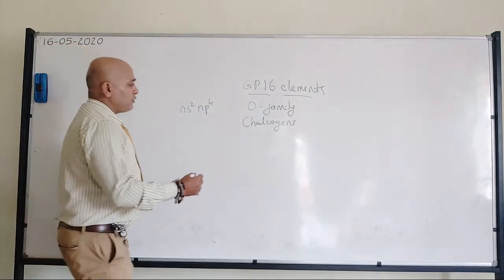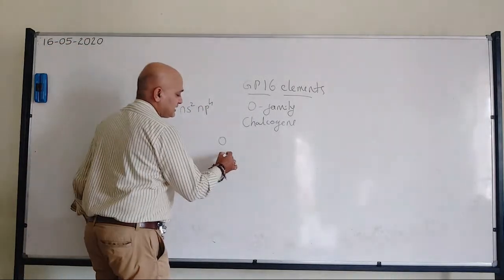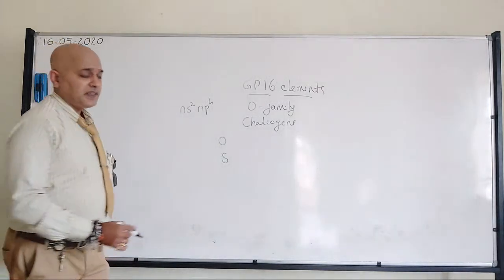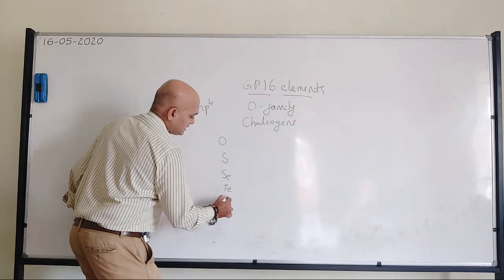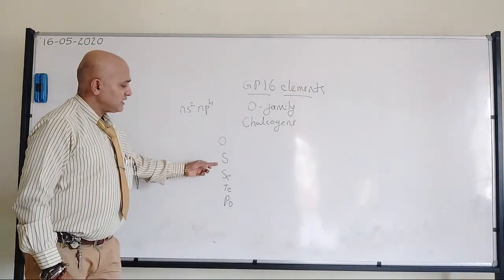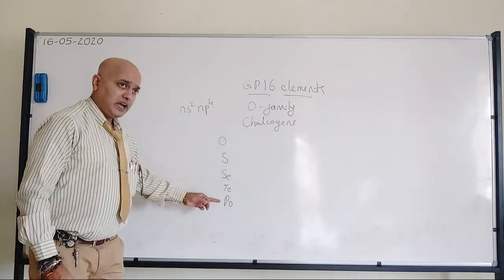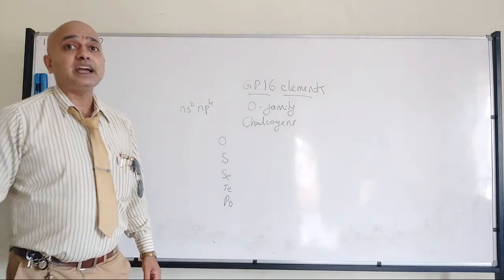Now, the group 16 elements: first one is oxygen, then sulfur, then selenium, then tellurium, then polonium. So these are the group 16 elements.